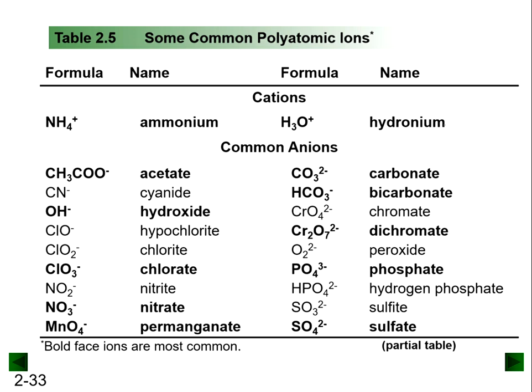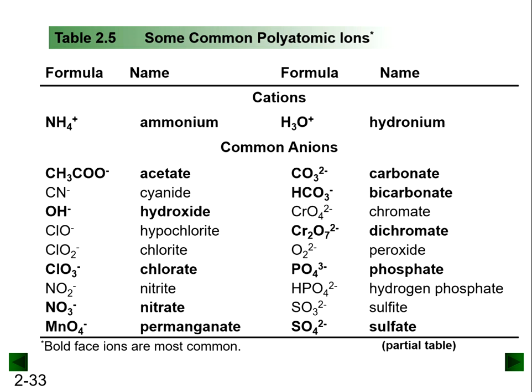Now, polyatomic ions, as we saw earlier, are a group of atoms bound together. Polyatomic ions tend to be given a common name that we simply use. There are two common polyatomic cations, that is ammonium ion and hydronium ion. That's NH4+ and H3O+.